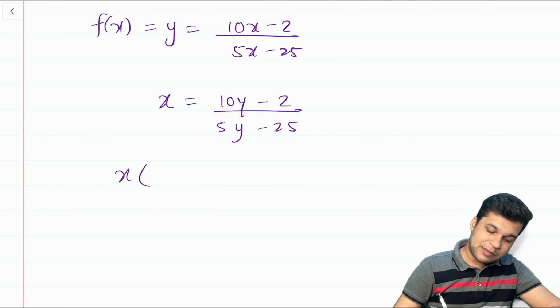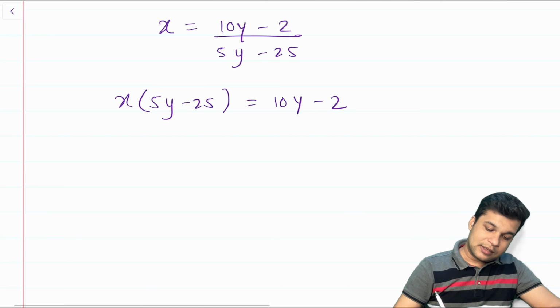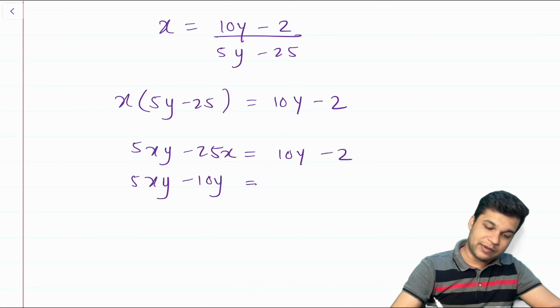So x times 5y minus 25 equal to 10y minus 2. So 5xy minus 25x equal to 10y minus 2. So 5xy minus 10y equal to, this is 25x by the way, I forgot to multiply this x.